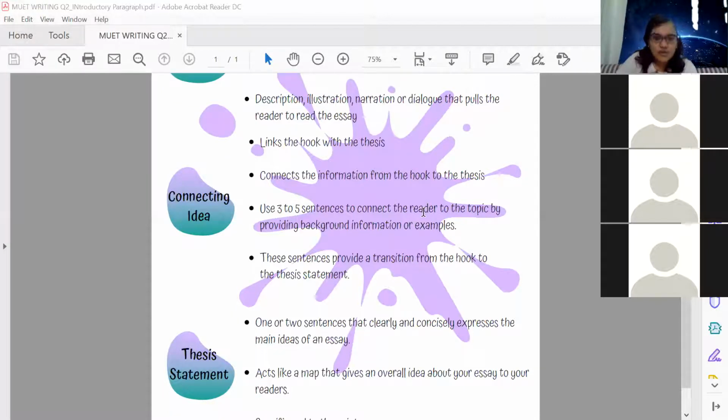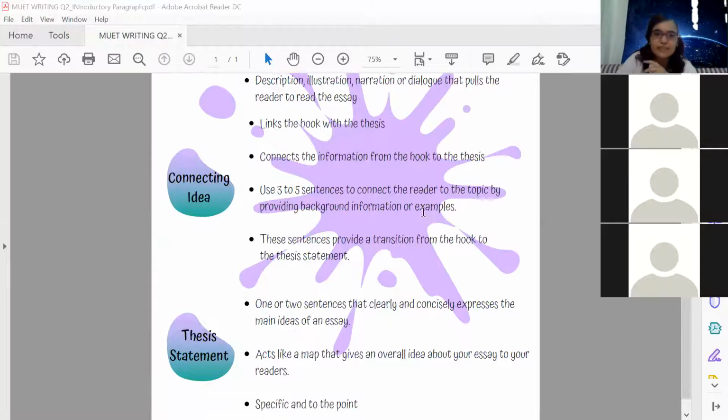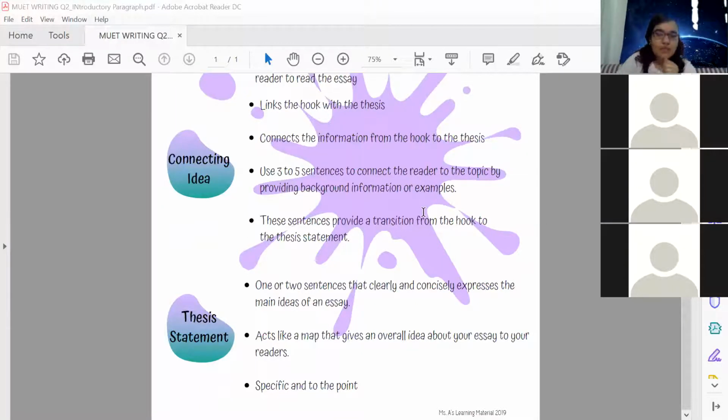It's somewhat like a conclusion, but it basically sums up the whole idea of what you are trying to say for the next part of your essay, which is the body paragraph. Oh, okay, I see. Any more questions?